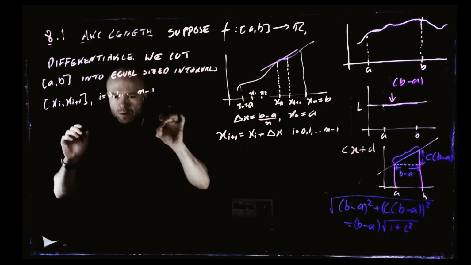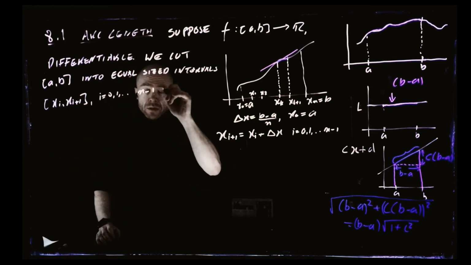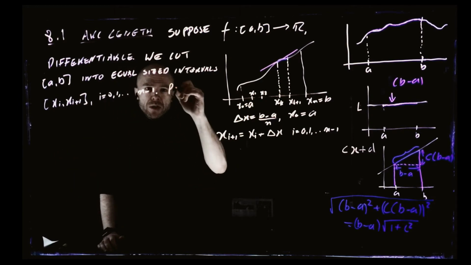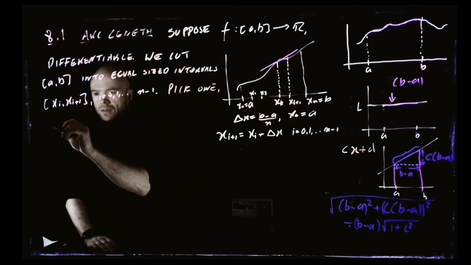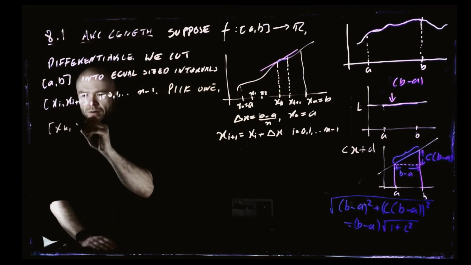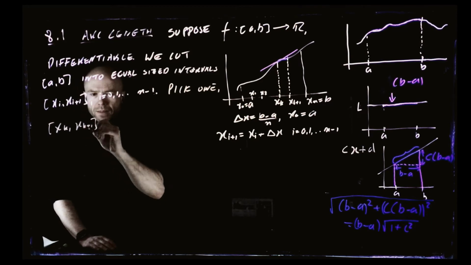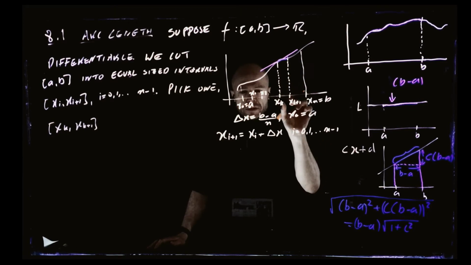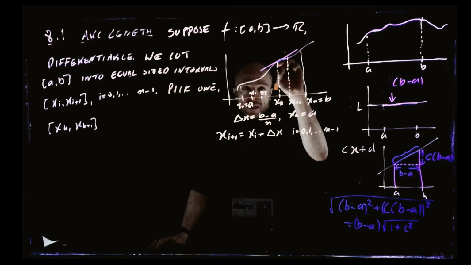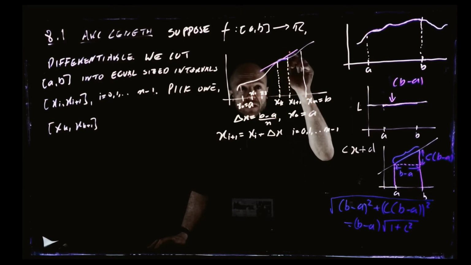Okay, that's our n equal size intervals. We're cutting them up. So pick an arbitrary interval, let's say it is xk to x_{k+1}. And then look above this interval xk to x_{k+1}. And what we see is that this thing is an awful lot like its tangent line.